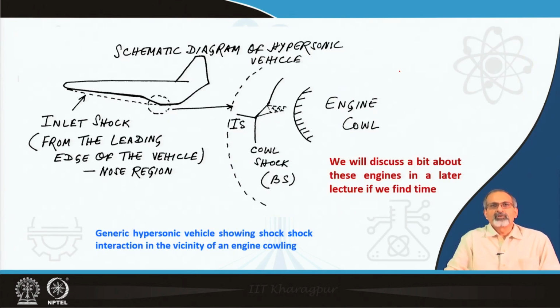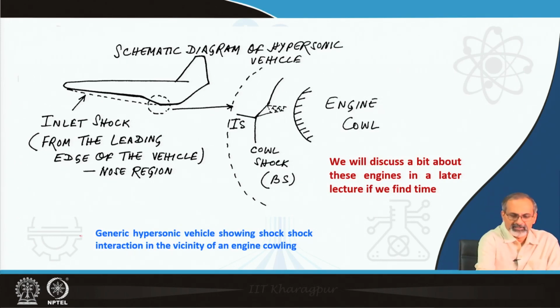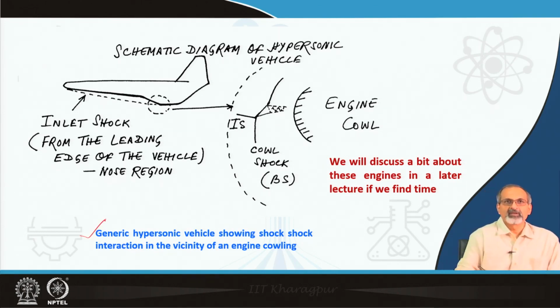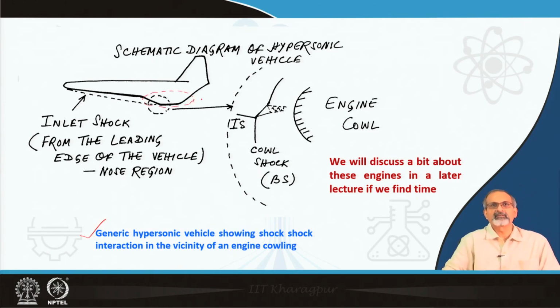We then move onwards to discuss shock-shock interactions, and as an introduction we look at this very practical problem where we see a generic hypersonic vehicle showing shock-shock interaction in the vicinity of an engine cowling. Generally, we have the engines of these vehicles located in the bottom region.